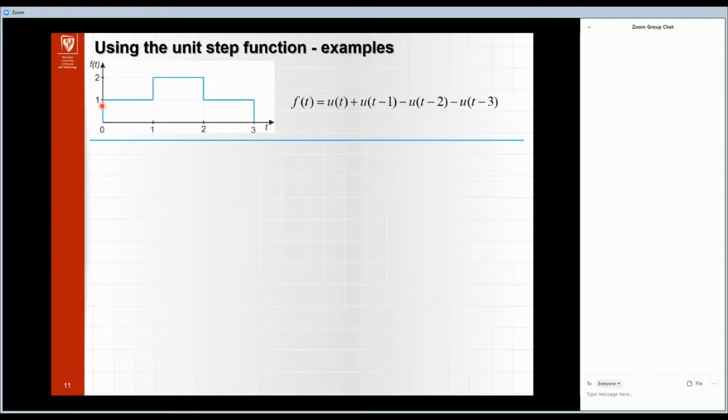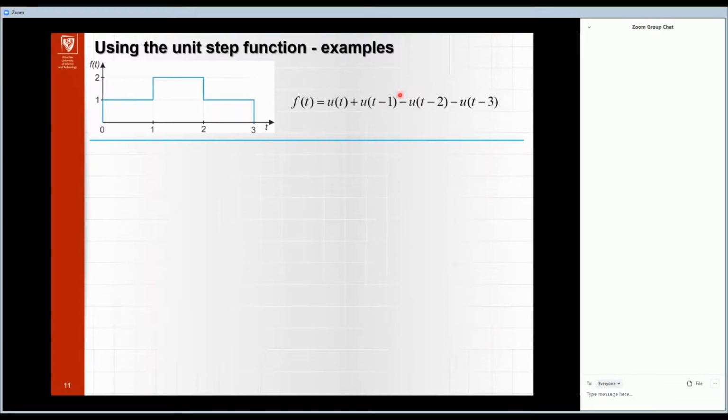For example, we have such a function, and now we can write directly from this function that we have the u(t), it is from 0, and now I add another function at this moment, t equal to 1, but this value is changed from 2 to 1 at this moment.